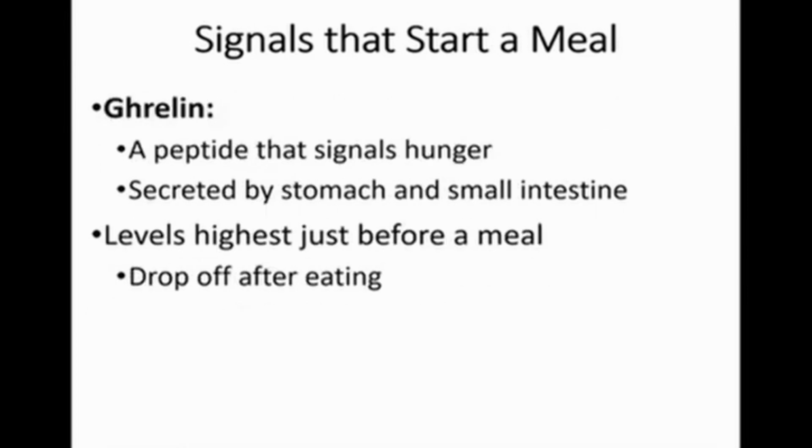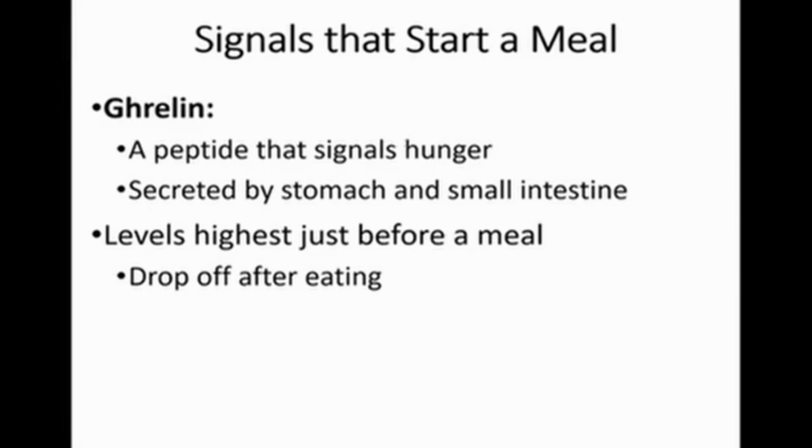The next thing is a peptide called ghrelin. A peptide is just a short chain of amino acids, so it is a small protein. This peptide is secreted by the stomach and small intestine, so it's secreted by our digestive tract.